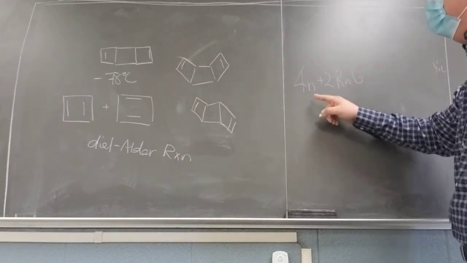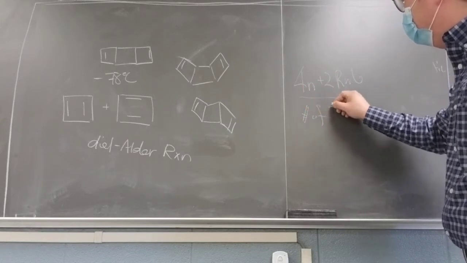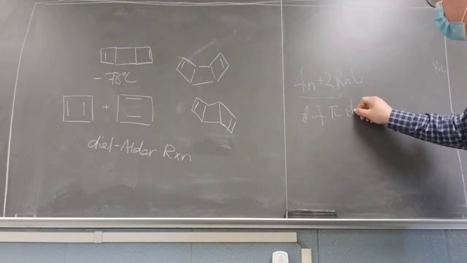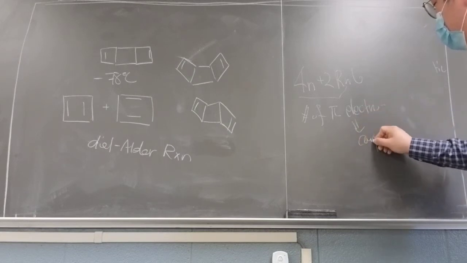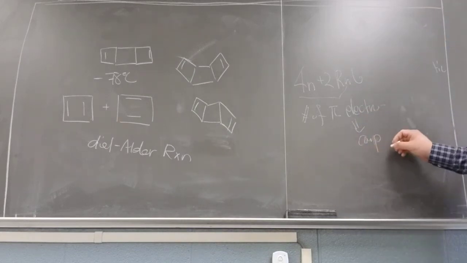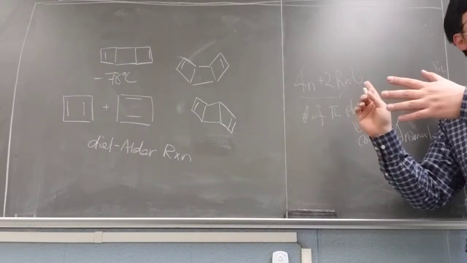This means if you have this many pi electrons, this cyclic compound will become aromatic, like the benzene ring we just taught.